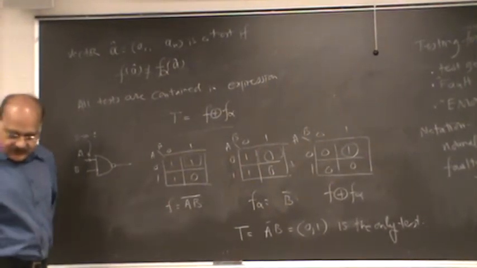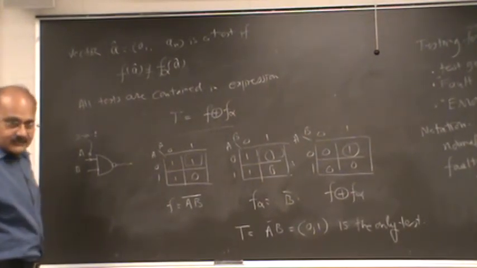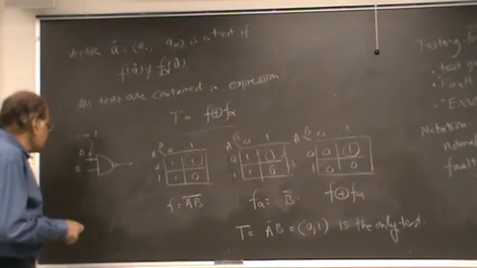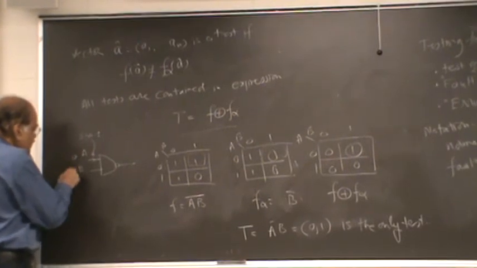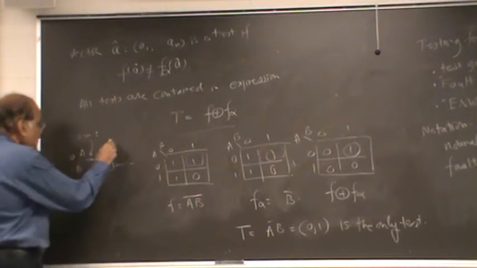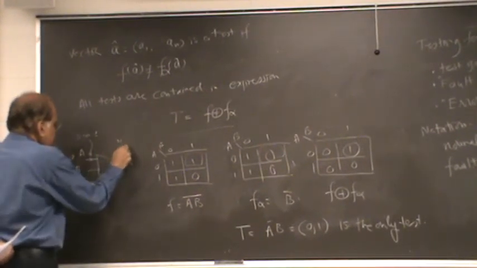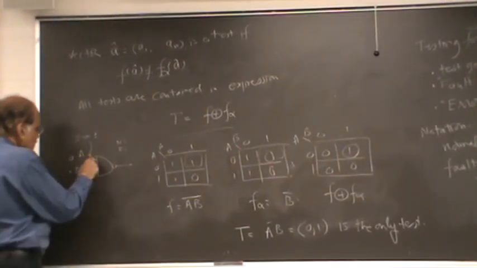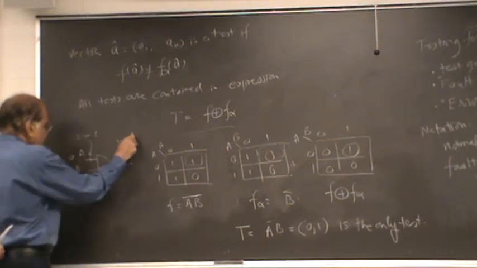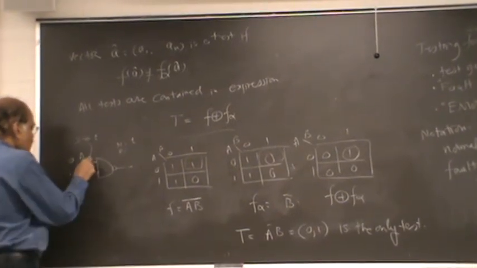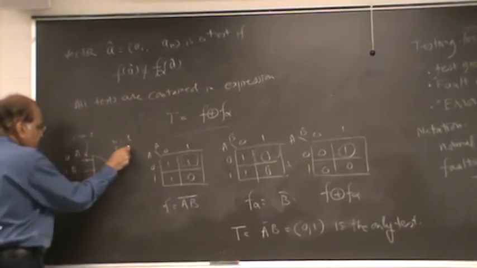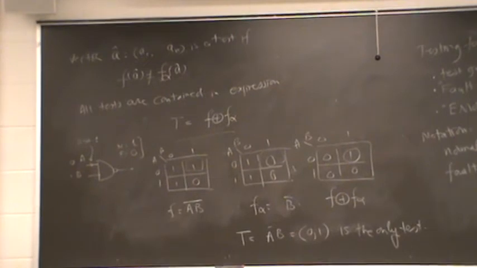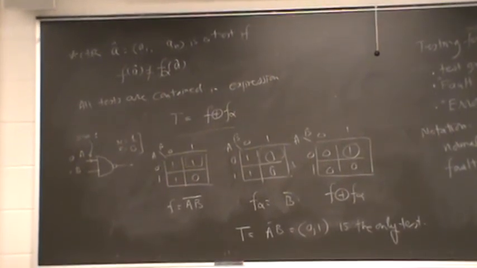There is a test, and there's only one test in this case, which is 0, 1. And you can easily see, here 0, here is 1, the normal output. In this case, what is the normal output? This is 0, so this is 0, so this is 1. And if it is stuck at 1, this is 1, this is 1, this is 1, so this is 0. So you can see that this is a test, because the normal and faulty outputs are different.